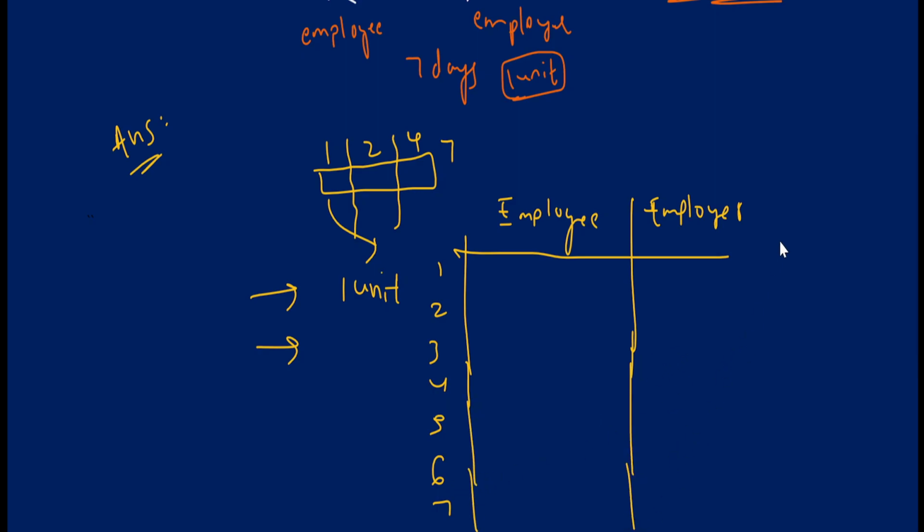Initially, the employer has 1, 2, 4. But after day 1, he gives 1 to the employee. He will be left with 2, 4.